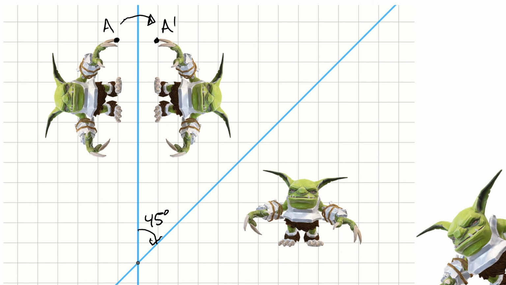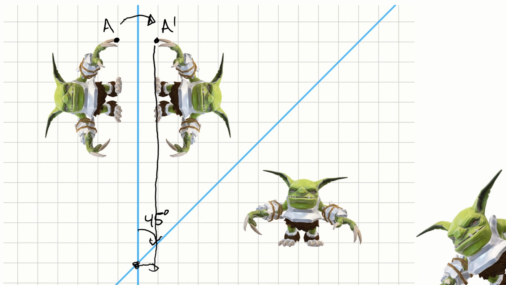Well, if I think about this, I can go over 1 unit and then up a total of 11 units. So from this point that I'm going to rotate about, which is my center of rotation, I go over 1 unit and then up 11 units.